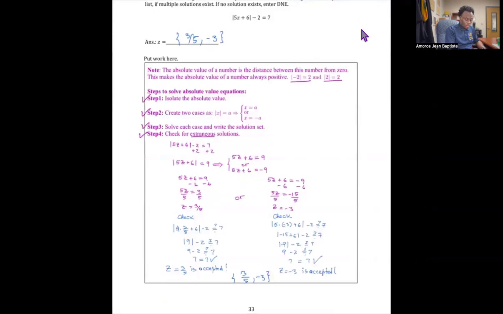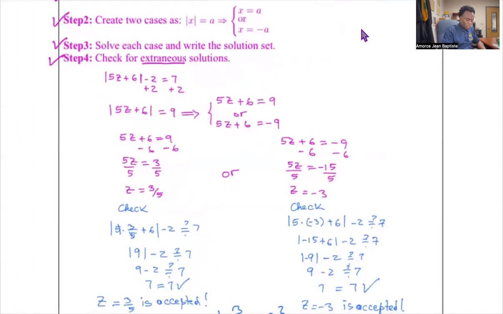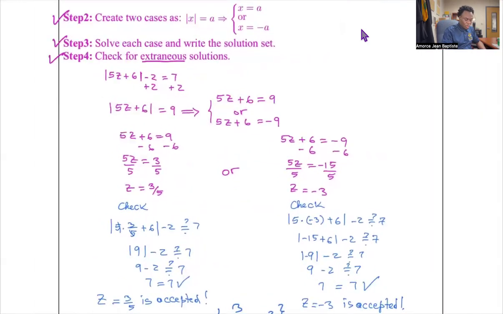So that's the solution for the first example of an absolute value equation. And we will not forget the steps we need to use when we're solving an absolute value equation.